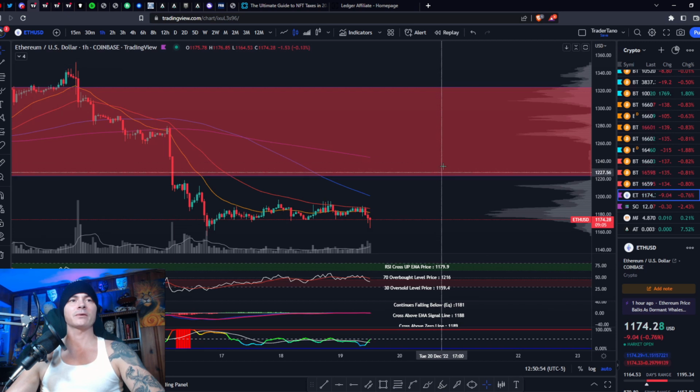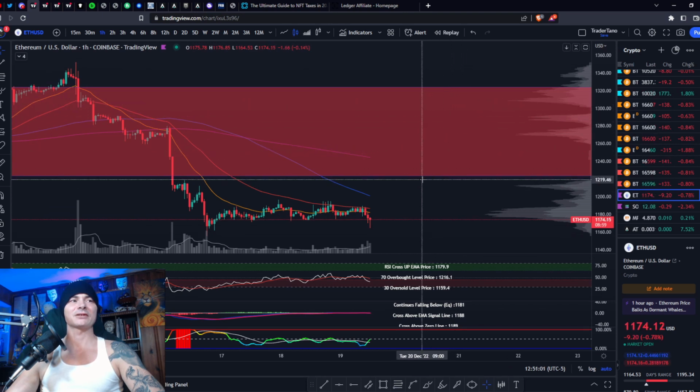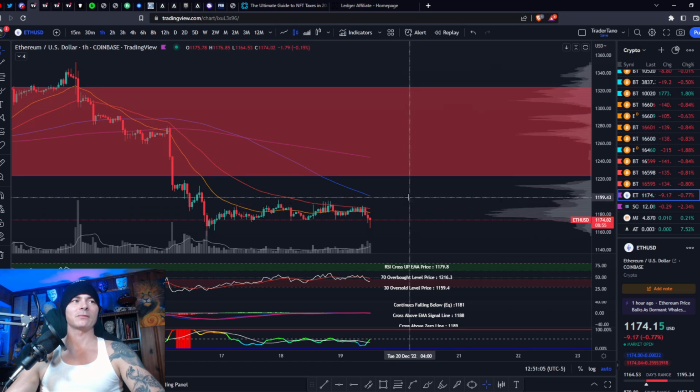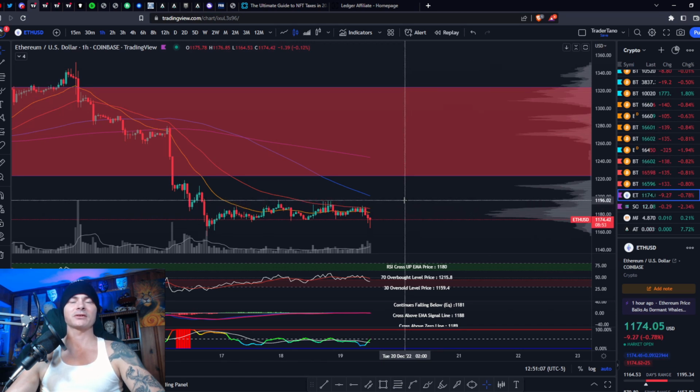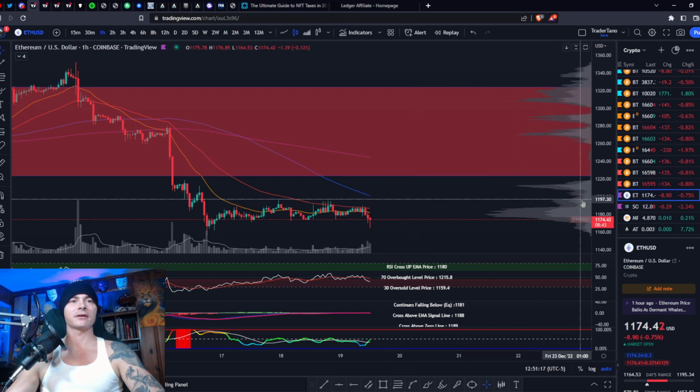Probably come back down and retest this and then work your way up, getting rejected at each one of these VPVR levels. But that's the lesser probability, okay? I do expect some sort of a bounce here, but I really don't expect us to break the top of this range. Now, could always be wrong. There's always that lesser probability. All right, so just watch your 100 at $1,200, if you're trading Ethereum.